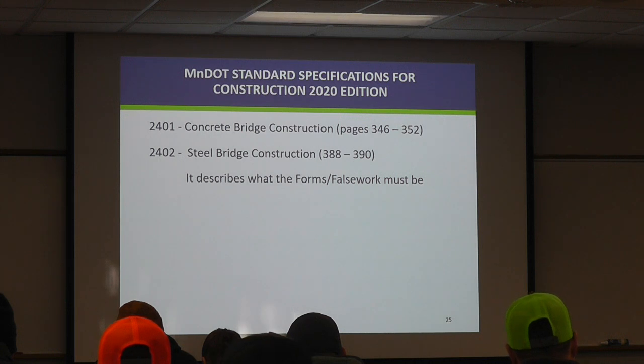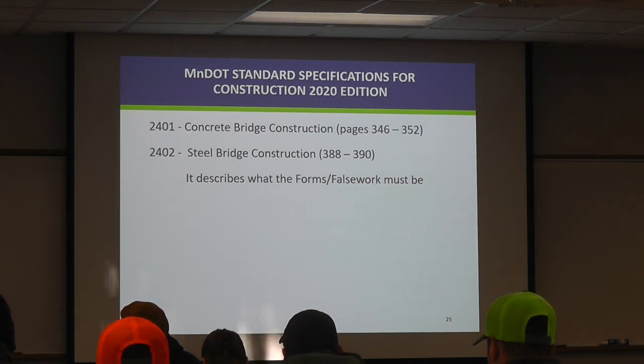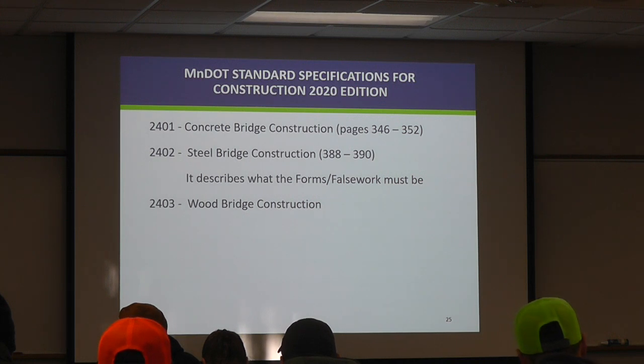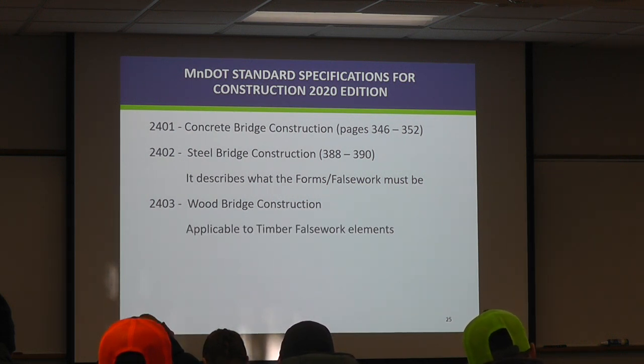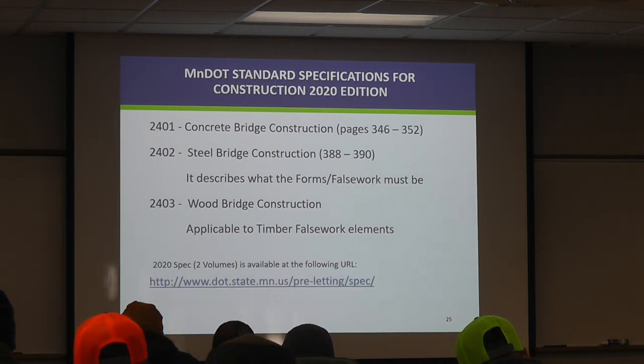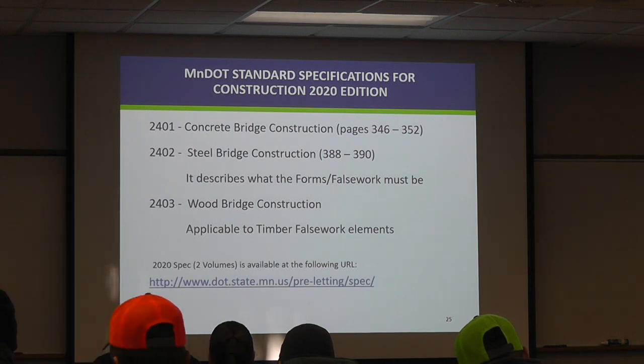It describes what the forms in falsework must be. It doesn't give details. There is then section 2403 for wood construction. So there are members that fit into that, and they're applicable to timber falsework elements. You all have the spec book, but if you need, there's a link.